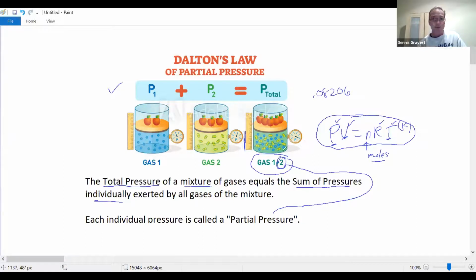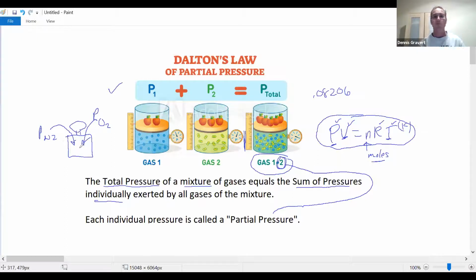And if you have a mixture, not a big deal. Take your container, start with a vacuum, add maybe the nitrogen gas to a certain pressure, then add the oxygen gas, and then all you're doing is measuring the final pressure.